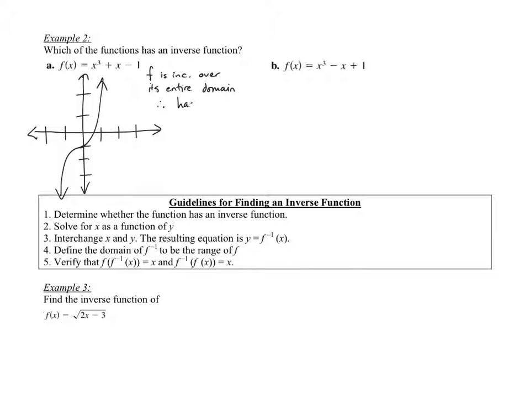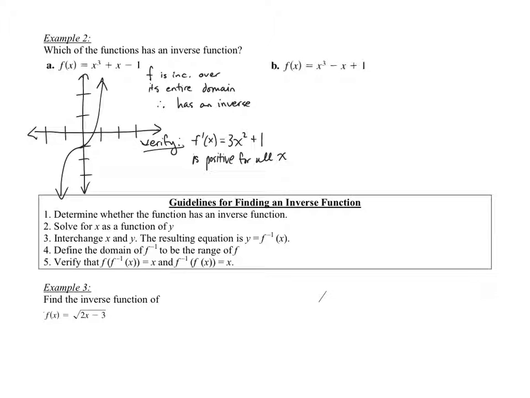And to verify this, we could take the derivative, right? f prime of x, since we have the actual function, f prime of x is equal to 3x squared plus 1. And we know that that is positive for all values of x.